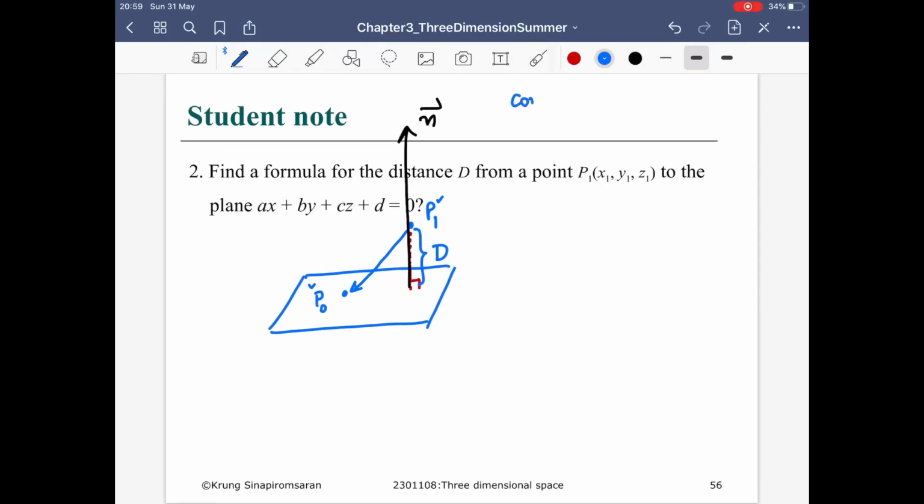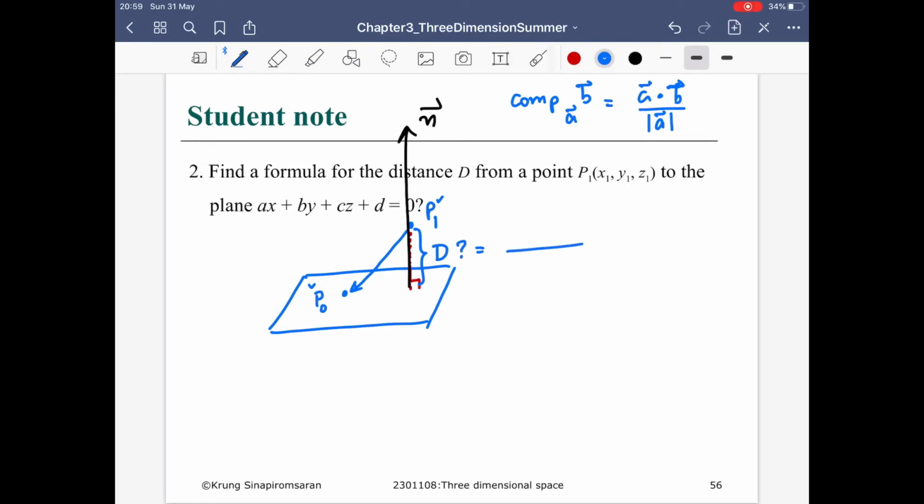You have a scalar projection of b onto a, which is called comp, so it is a dot b over the length of the vector a, and the vector projection. But because you need only a distance, the scalar projection will be good enough.